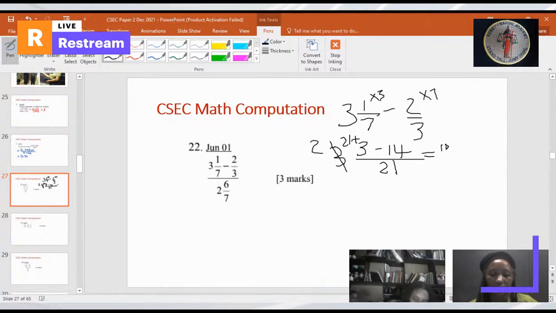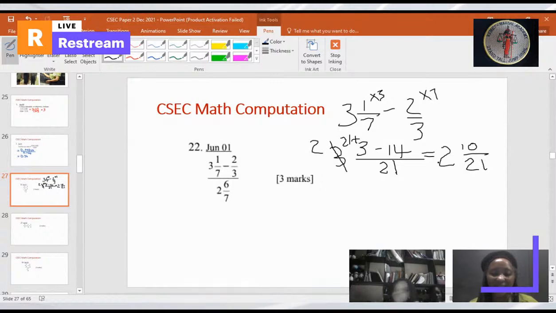So now we're going to divide that by 2 and 6 over 7. So what happened to the 2? It's 2 and 10 over 21.